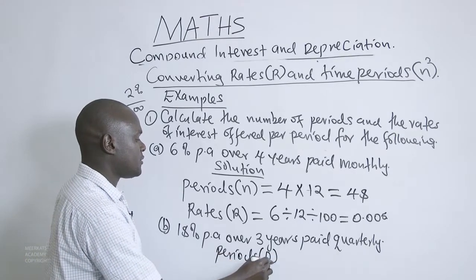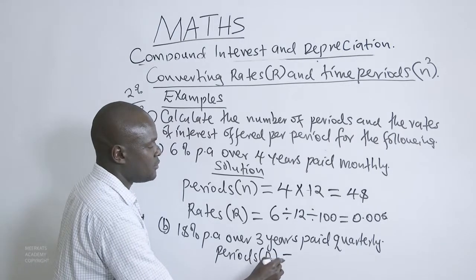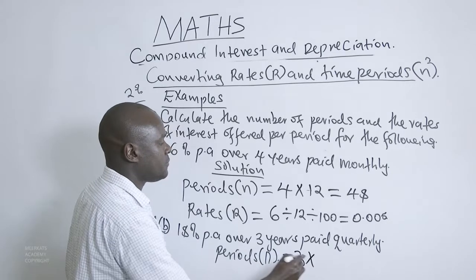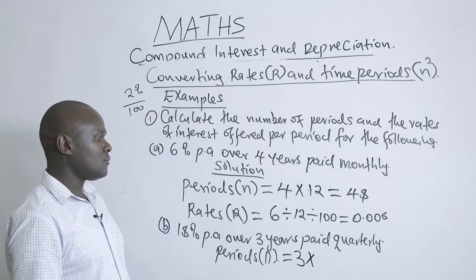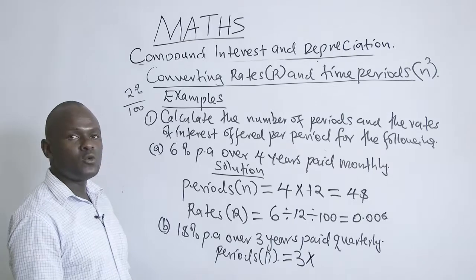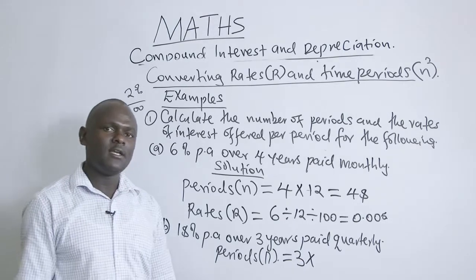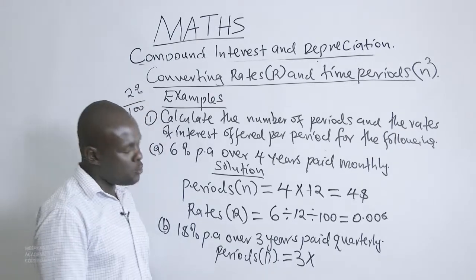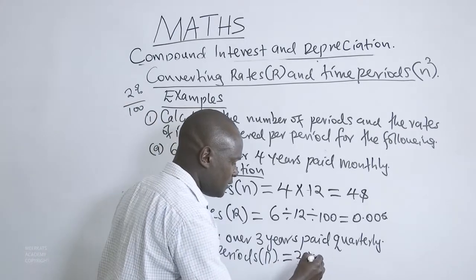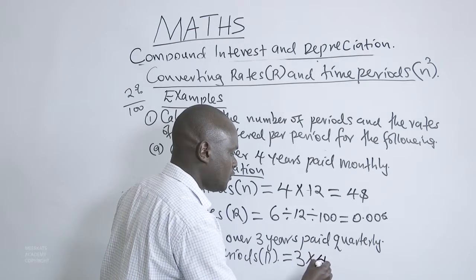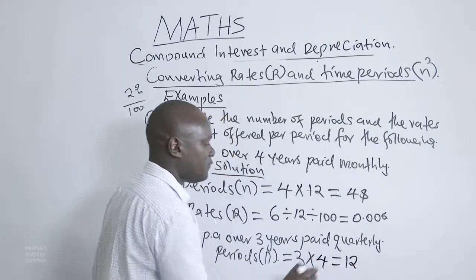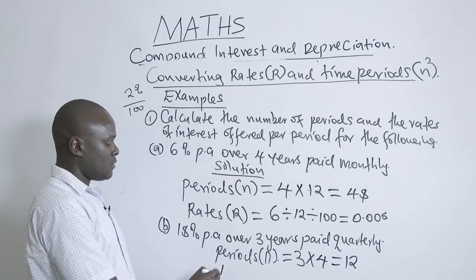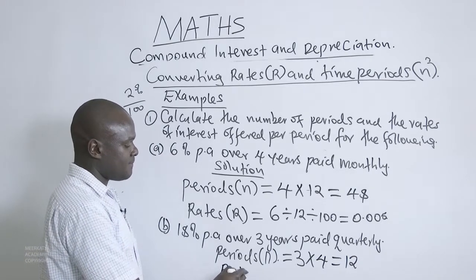What will be the periods? This will be determined by the number of years we are given, which is 3, multiplied by, we are told that they are paid quarterly. How many quarters do we have in a year? There are 4 quarters. So in 3 years, how many quarters will those be? It will be 3 multiplied by 4, giving us 12 quarters or 12 periods.